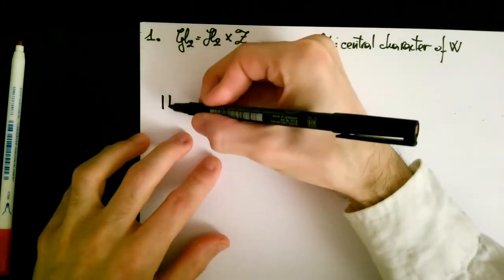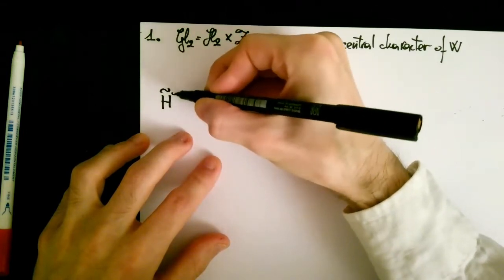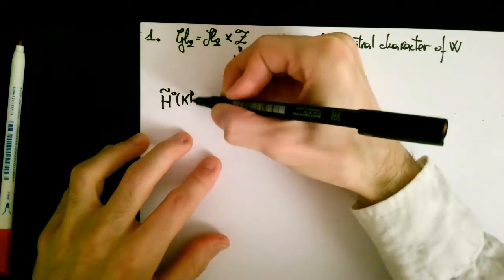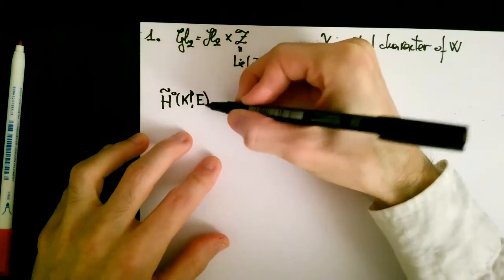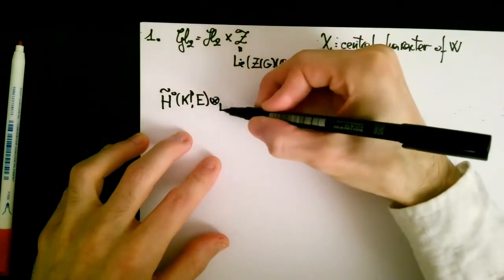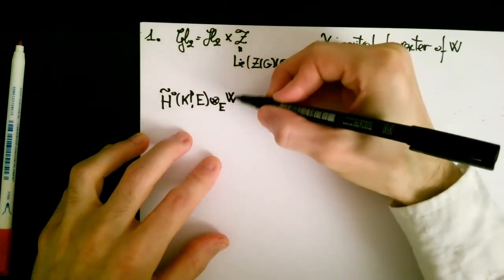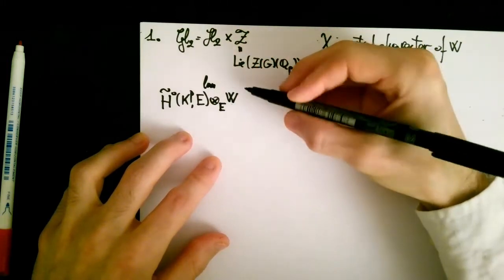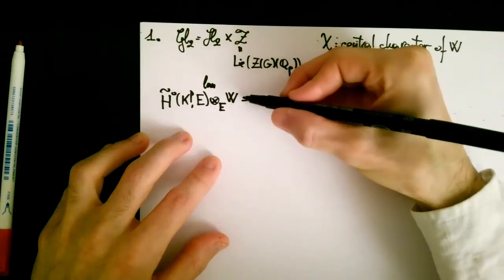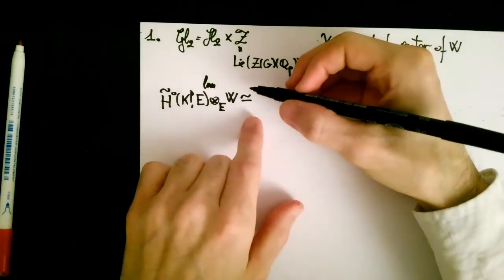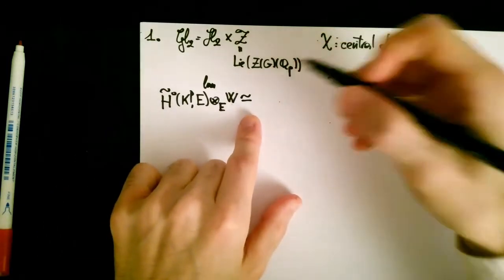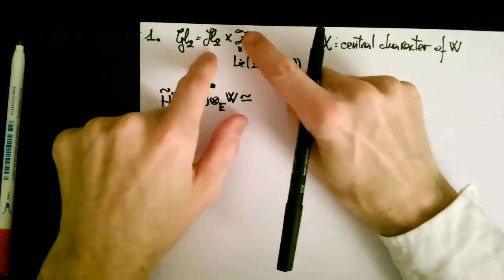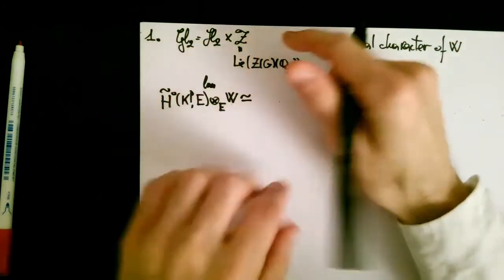We have that H^0 of K^p, E, tensor over E with W, these are the locally analytic vectors. I can split it up in such a way that we have some trivial action of part of this Lie algebra.